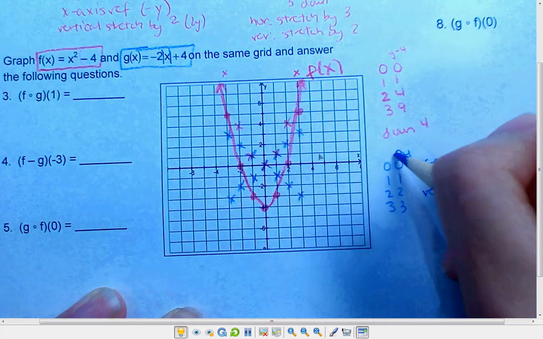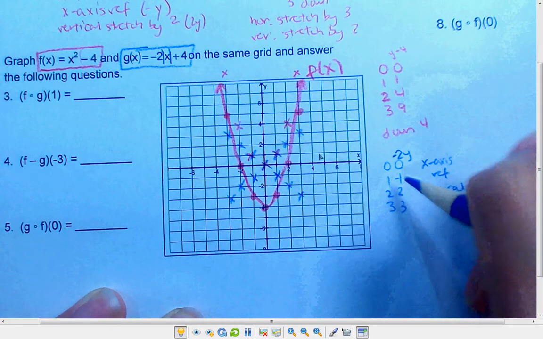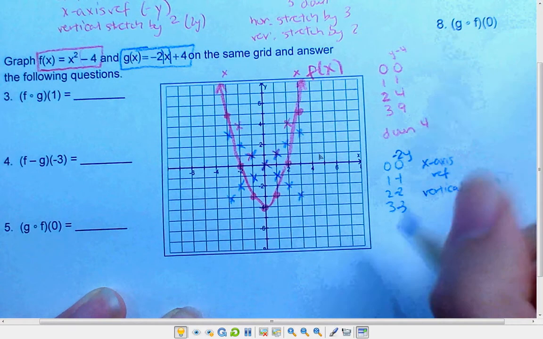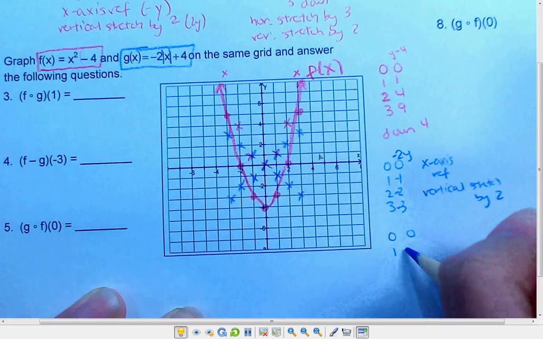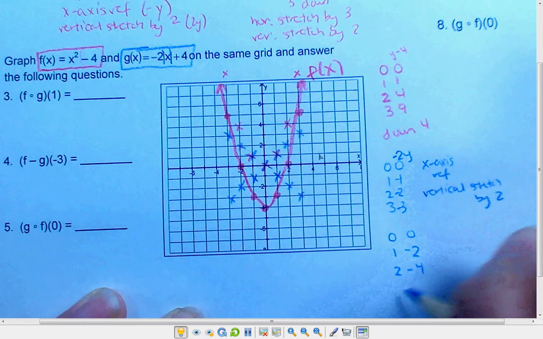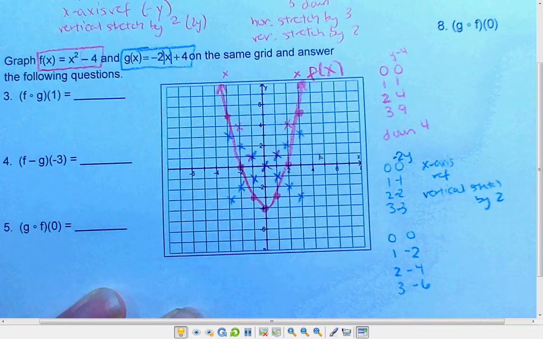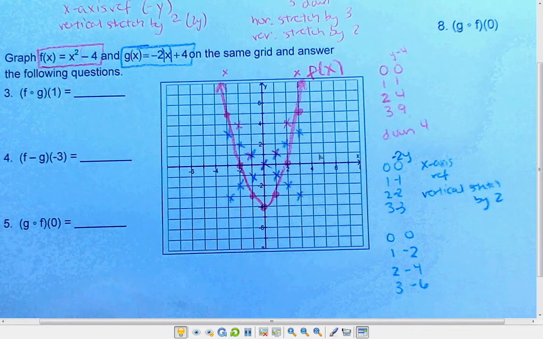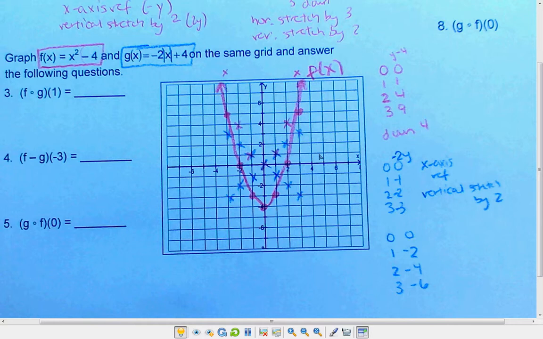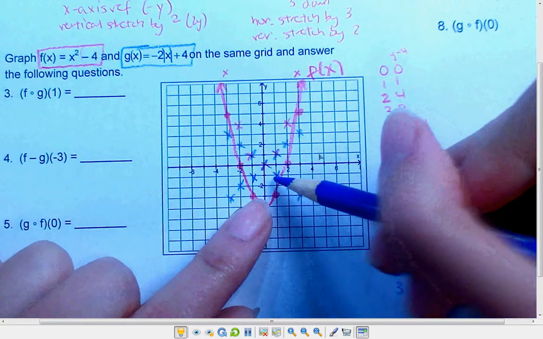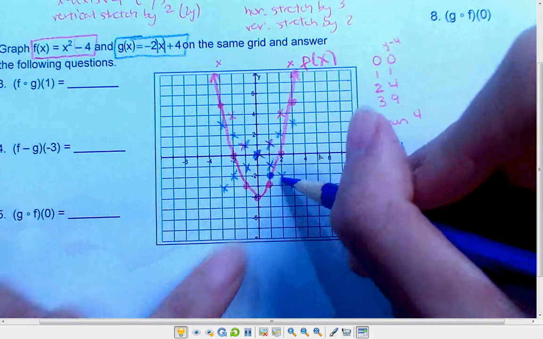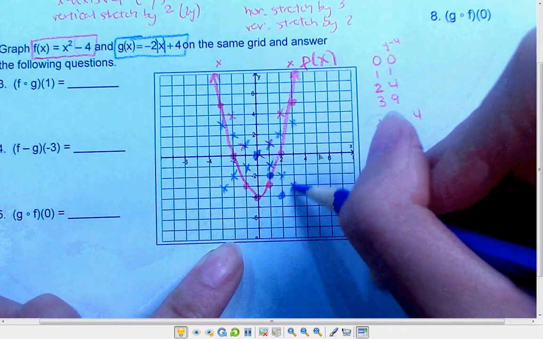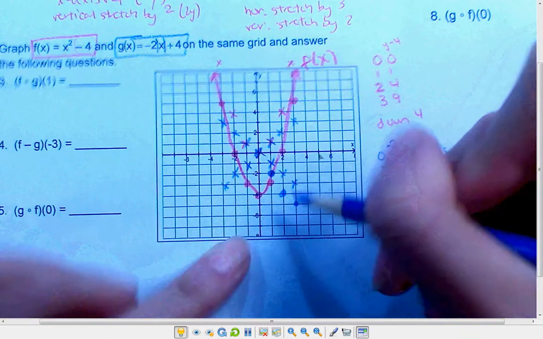So I made all my y's negative, and now I'm multiplying them all by 2. So now it's going to be 0, still 0, 1, negative 2, 2, negative 4, 3, negative 6. So instead of being at 1, negative 1, I'm vertically stretching to 2. The 2 becomes a 4. 3 becomes a 6.